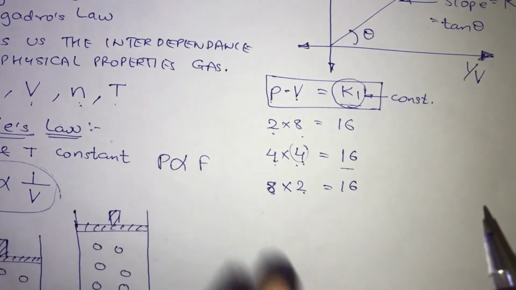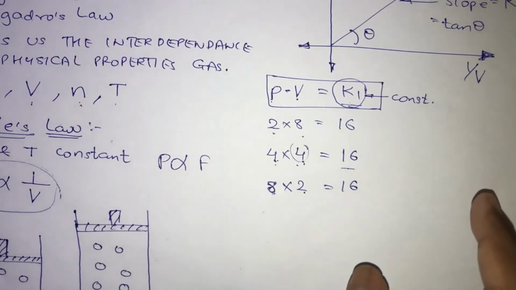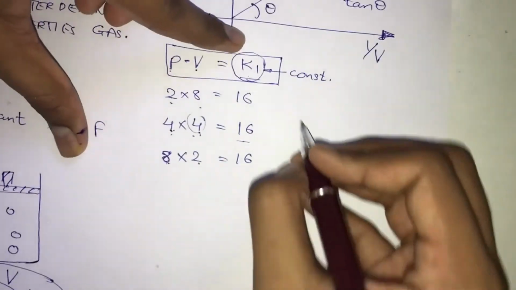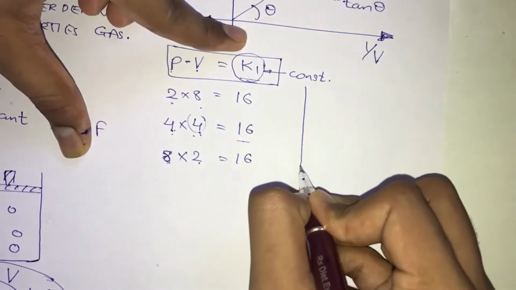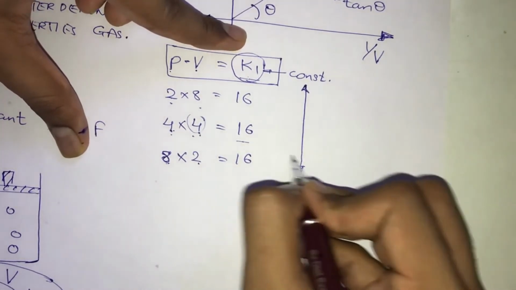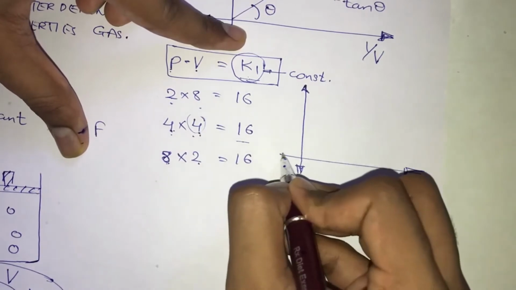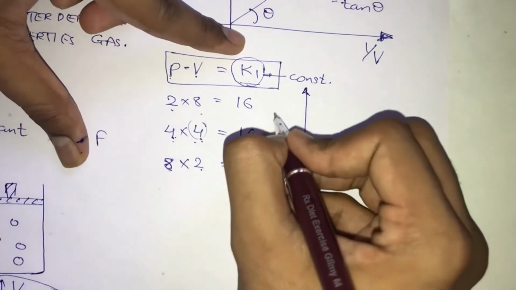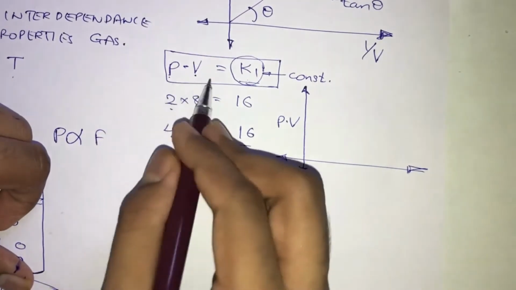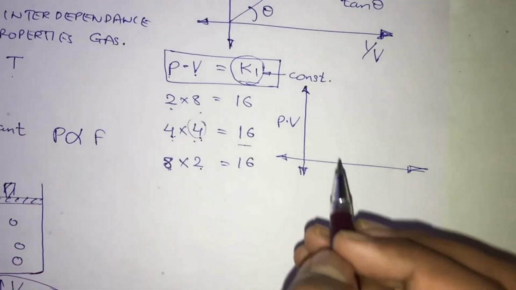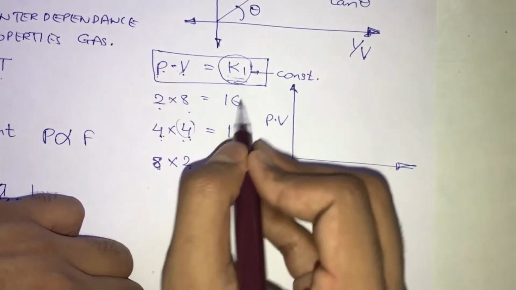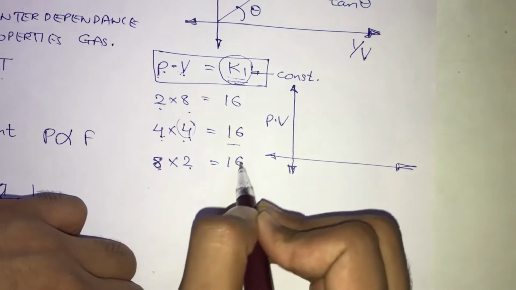Now with the help of these observations, we need to draw one graph over here. Now what is this graph? Let us understand. Let us say that we have multiplication of pressure into volume. Okay, so we have multiplication of pressure into volume, and as we have seen over here, the multiplication of pressure into volume, which is nothing but K1, is going to remain constant.